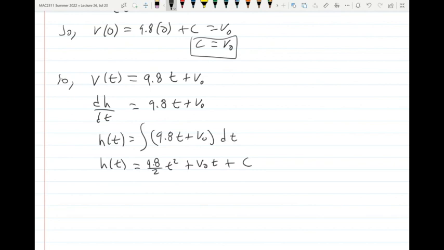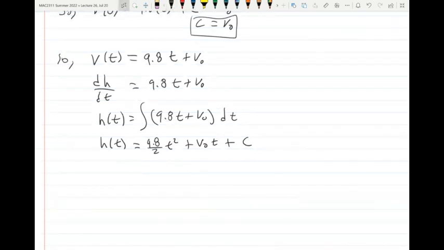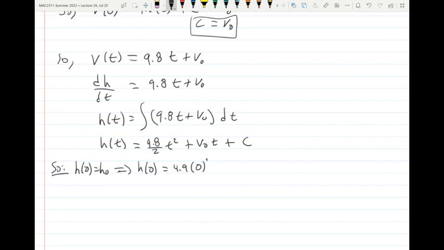Depending on how high you are, of course, will be the position formula. So using the fact that h of 0 equals h0 implies then that h of 0 is, okay, 4.9 times 0 squared plus v0 times 0 plus c, and we know this is h0, so c is h0.